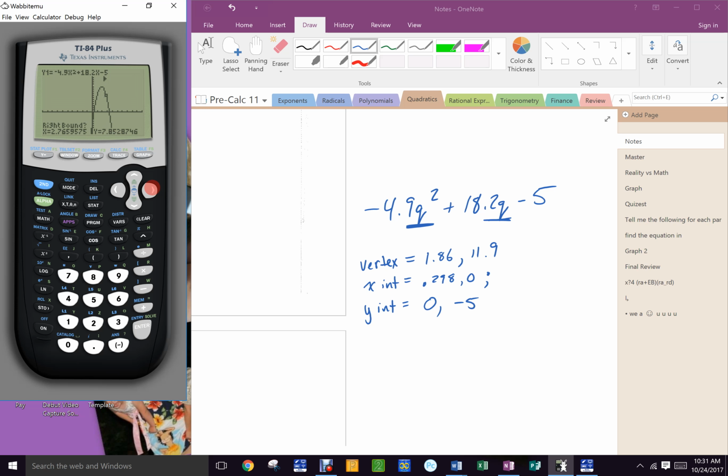Enter. What is the right boundary? Soon as those y values turn what? Negative, I've crossed the x-axis. Have they turned negative? So can I hit enter? Would you like me to guess? Please do. 3.41, and the y value is 0.